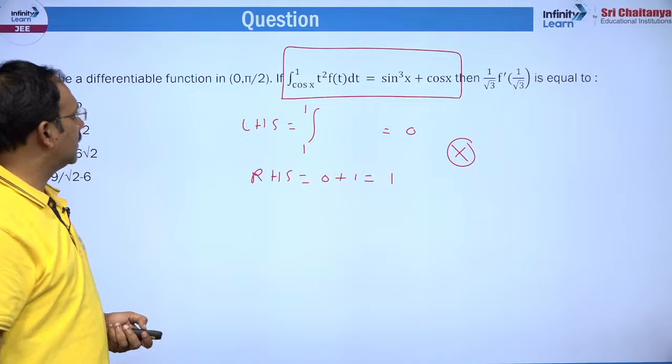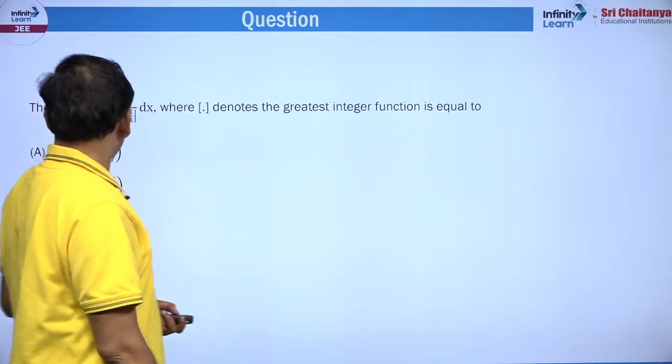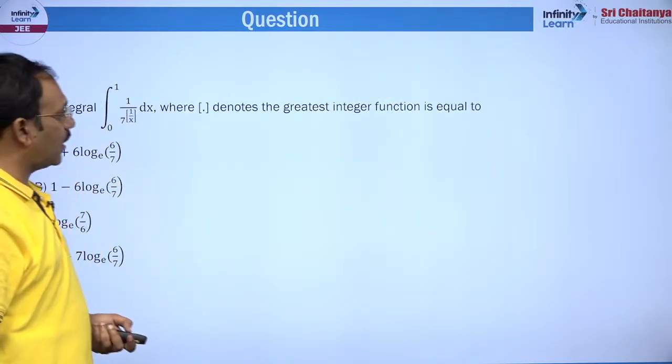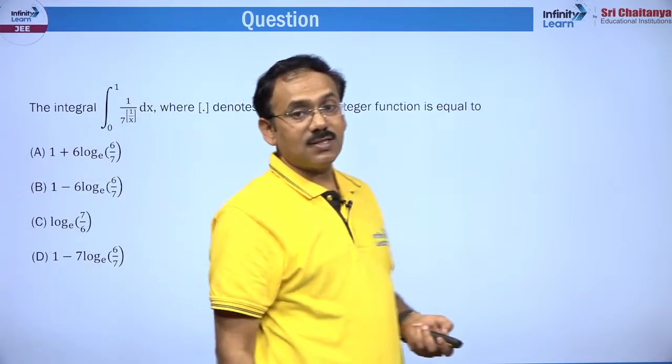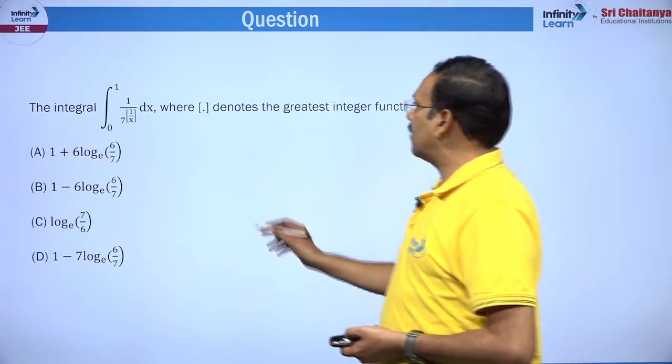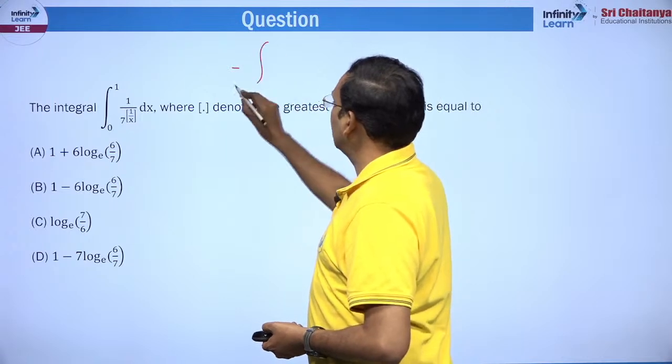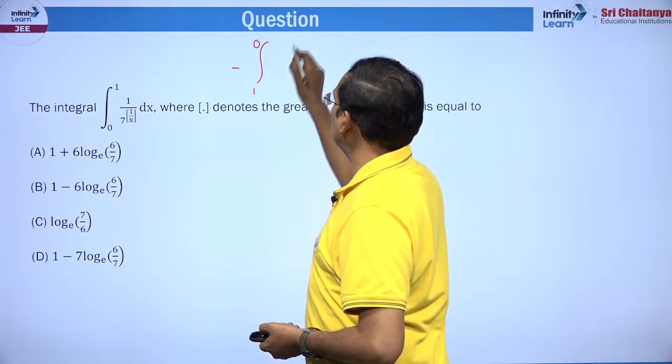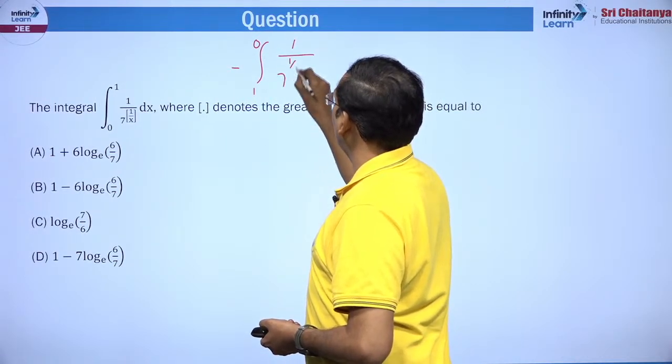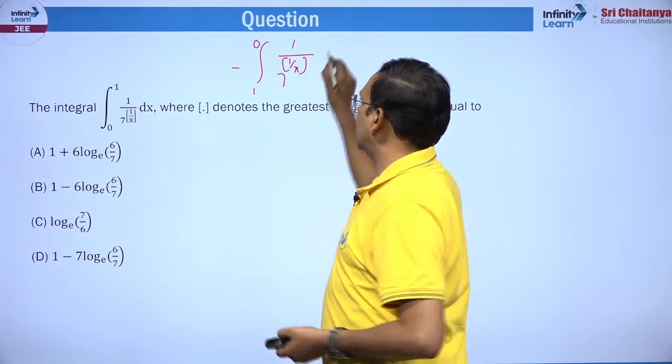Okay, my dear friends. Next I can go to this question, integral 0 to 1 of 1 by (7 plus step of 1 by x) dx. My dear friends, let me write this integral as minus integral 1 to 0 of 1 by 7 power (step of 1 by x) dx.